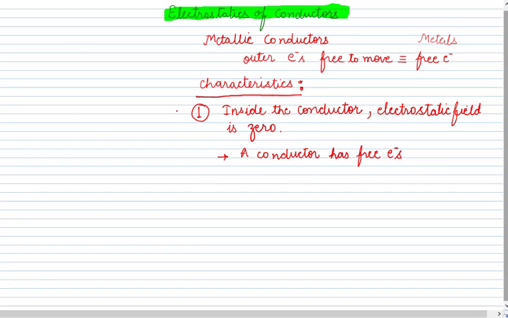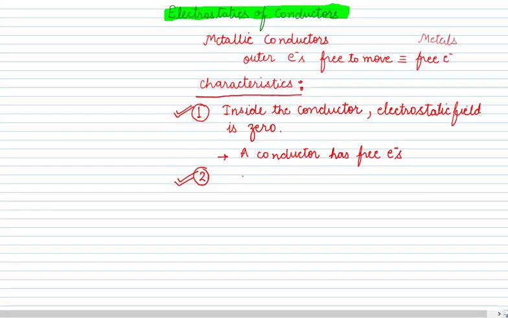So whenever we have a conductor, we have a number of free electrons. If there is some electric field, these free electrons will experience a force and drift. And in the static condition, the electrons distribute themselves so that the electric field is zero everywhere inside. So a very important point to remember always in physics is that inside any conductor, the electrostatic field is always zero. All the 3-4 points I am giving you here are very important. Pay attention and always keep them handy whenever you are dealing with a conductor. Okay, so that is inside the conductor.